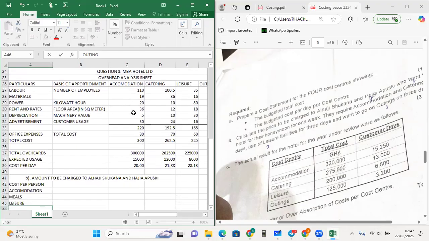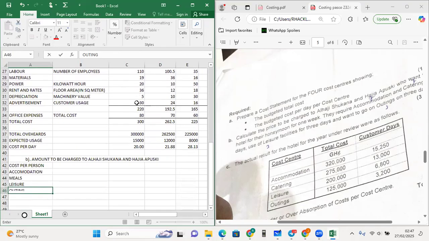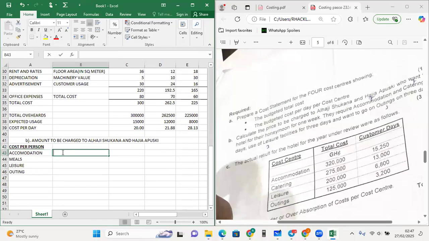Now, accommodation is what? The cost per day is 20, right?